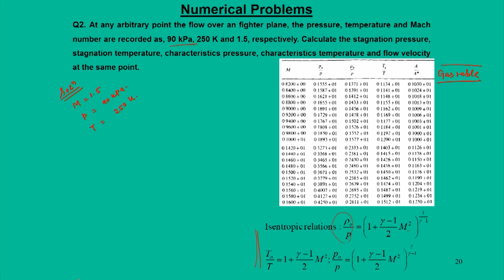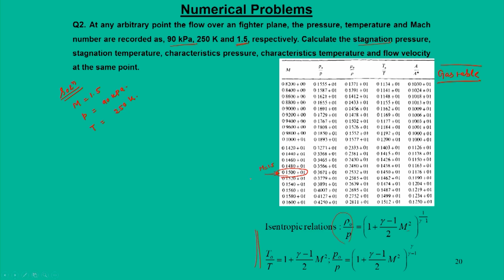So, we want to find out stagnation pressure value. These are the static values, we want to find stagnation values. So, we know the data for 1.5. So, from this table you see where is the data for 1.5. So, referring here, this number corresponds to a value 1.5.